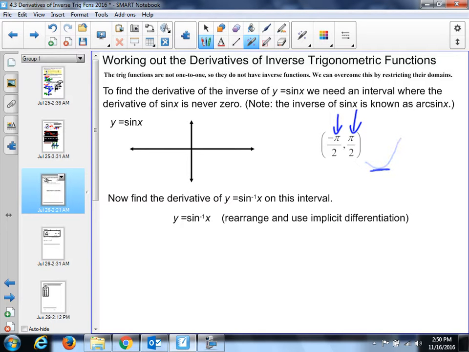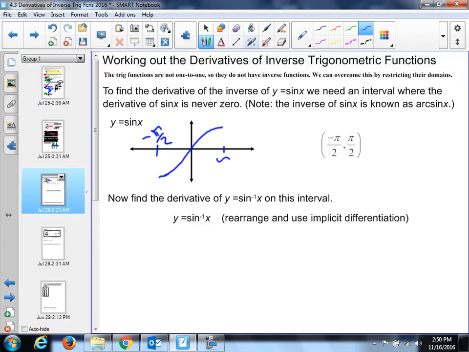That's where you get 0 for the derivative. So we're only thinking between these two values. Okay, so this is my negative pi halves. This is what I meant by this. For this argument, to create this derivative, that's what we're talking about, that portion of the graph.